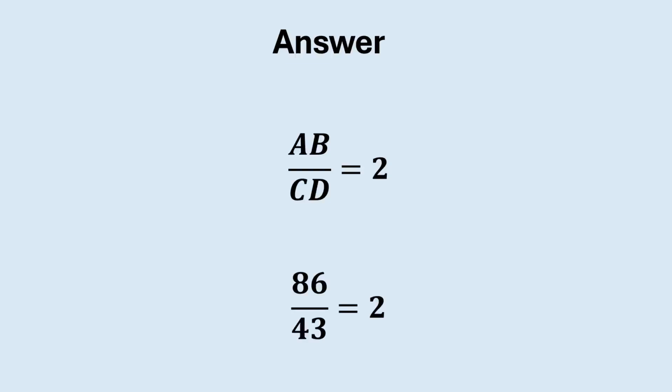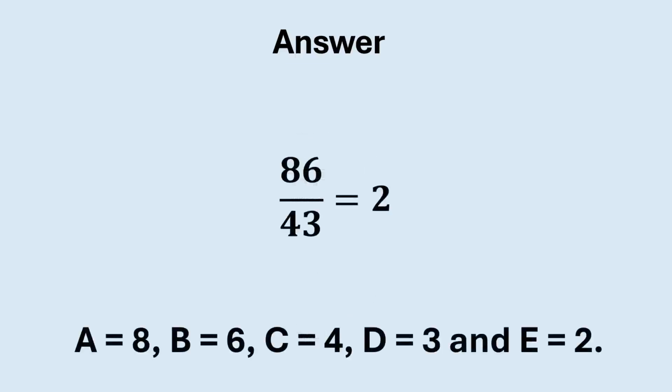If C is equal to 4 and A is equal to 8, it is fairly easy to find the values for D being 3 and B being 6. So 86 divided by 43 is equal to 2. This equation is correct, and 8, 6, 4, 3, 2 are different numbers in descending order, so it works. So the answers to the bonus question are A is equal to 8, B is equal to 6, C is equal to 4, D is equal to 3, and E is equal to 2.